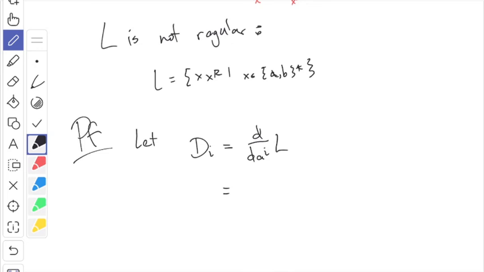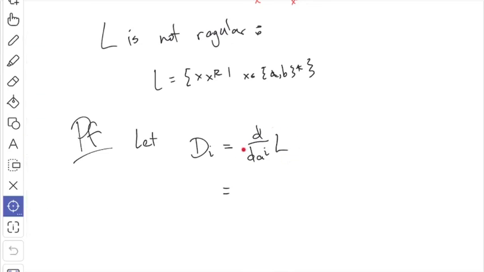Now, remember what this derivative means? It means we are removing A to the I from the beginning of strings in the original language, all right? Now, for this language, we don't even know if they started with A to the I at all, right? In fact, many of them do not start with A to the I, but at least some of them do, and we only consider the ones which do start with A to the I, and from those, we remove A to the I from the beginning, all right?